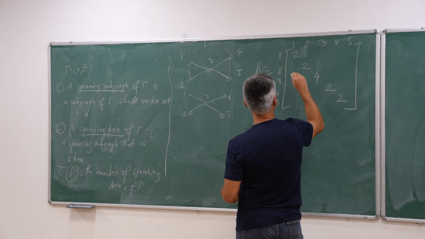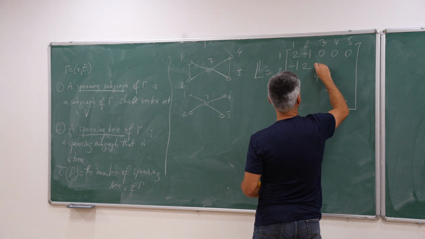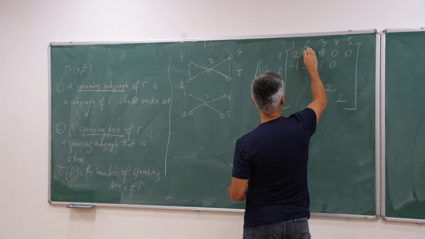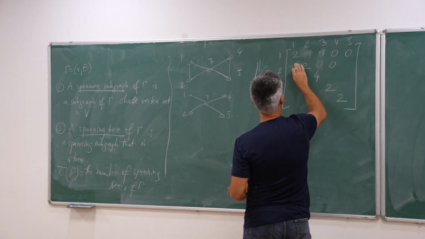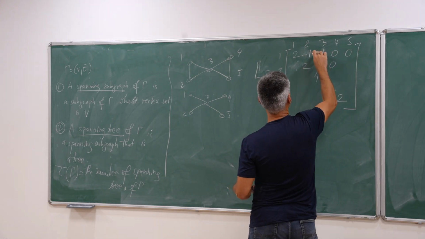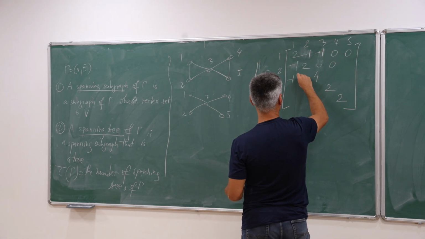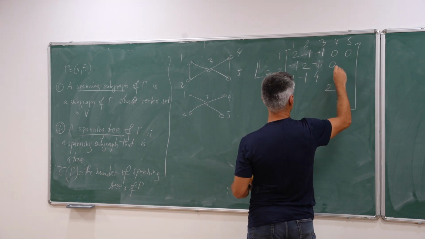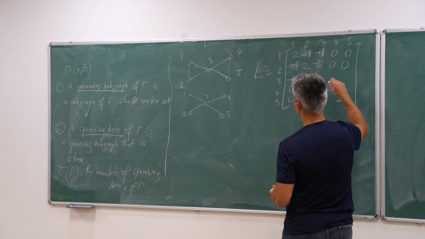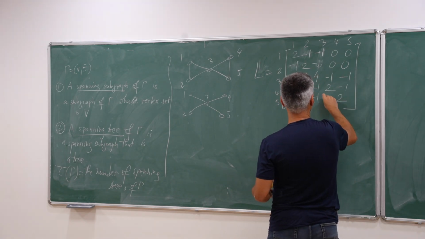And then 1 is adjacent to 2, so -1, -1, 0, 0. Oh, sorry, 1 is adjacent to 3. Thank you. Yes, you're right. Okay, here I have again this, and here I have -1, -1, -1, -1, -1.